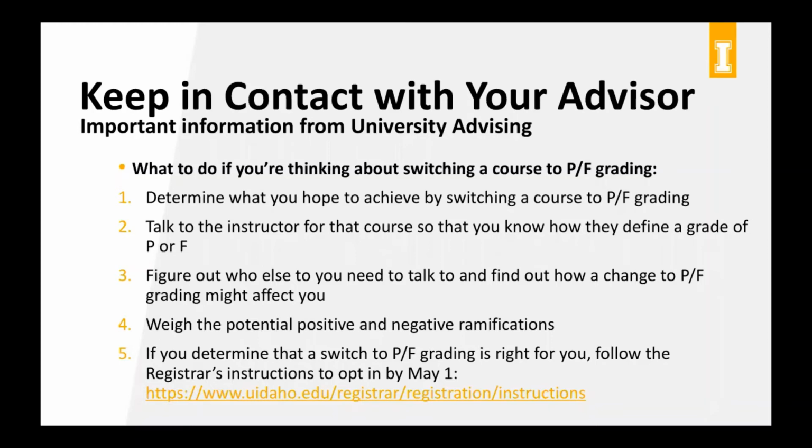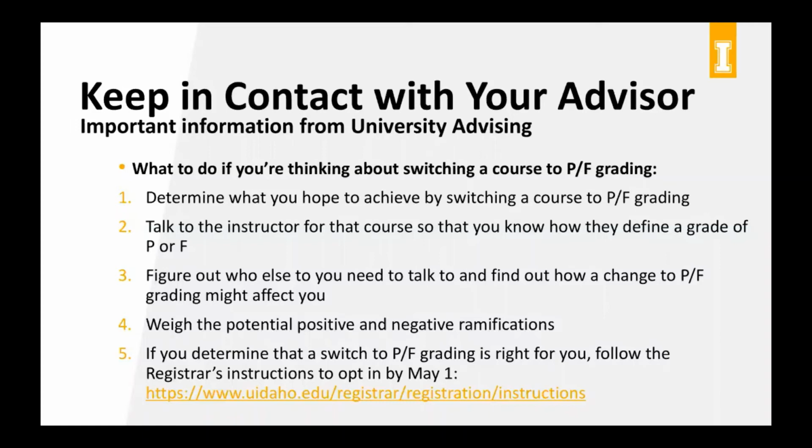Figure out who else you need to talk to in order to find out how a pass-fail grading might affect you. So this includes your advisor, department chairs, program heads, any sort of thing that you're involved in, you'll want to know. And then you want to weigh the positive versus negative, so doing a pros and cons list for yourself.